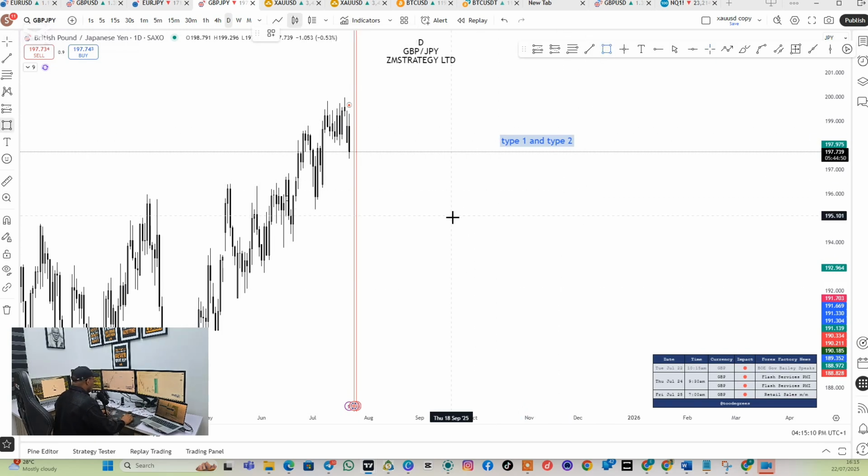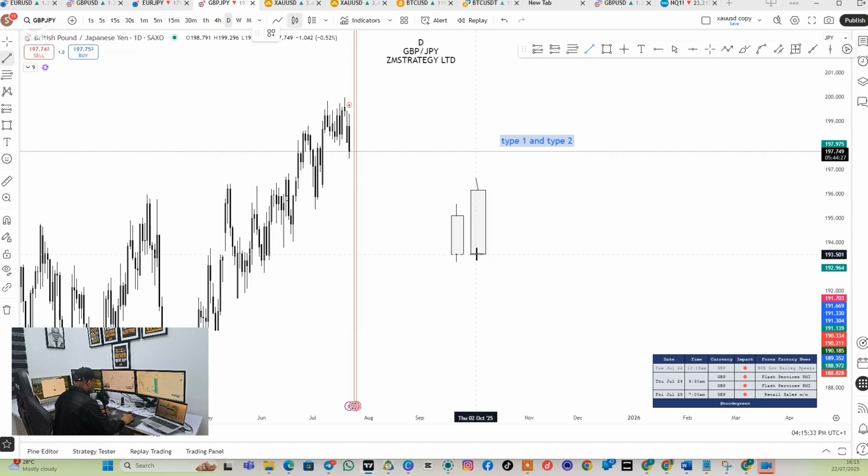On type 1, let's say, for example, this is a bearish candlestick, and we have this one that engulfs it.